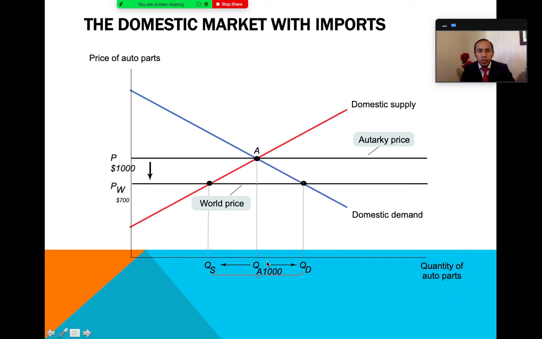Your consumers' quantity demanded, the quantity consumed, is going to increase. Quantity demanded increases from 1,000 units to a greater number. With lower prices, the law of demand states that with a decrease in price, consumers increase the quantity demanded. And with a lower price, your domestic suppliers are going to decrease the quantity supplied of the good because they now face a lower price, which means lower benefit for the product.